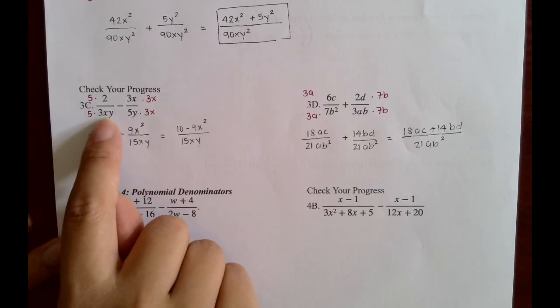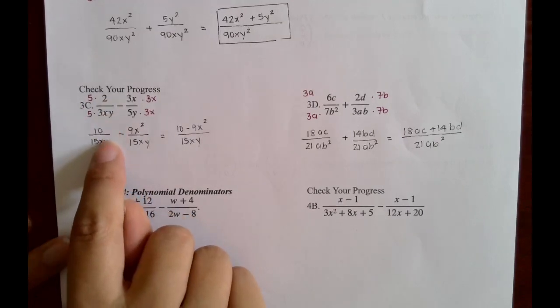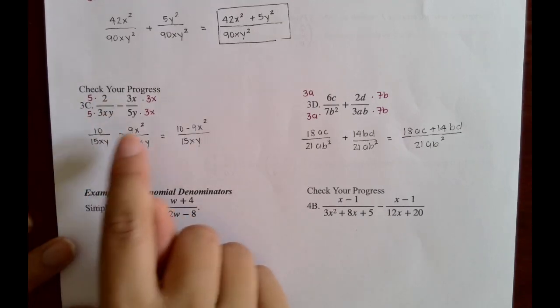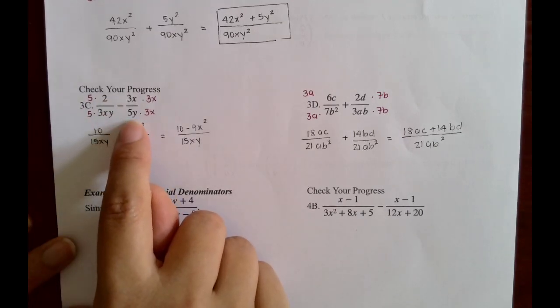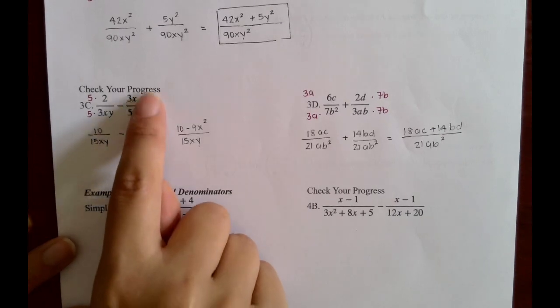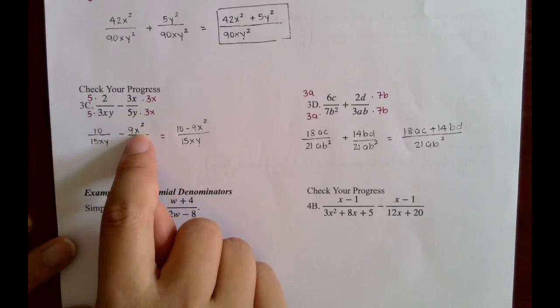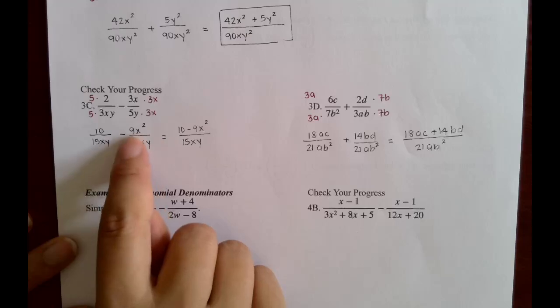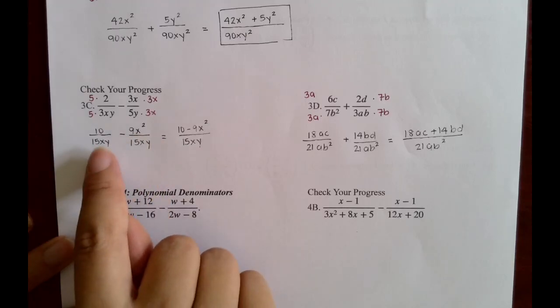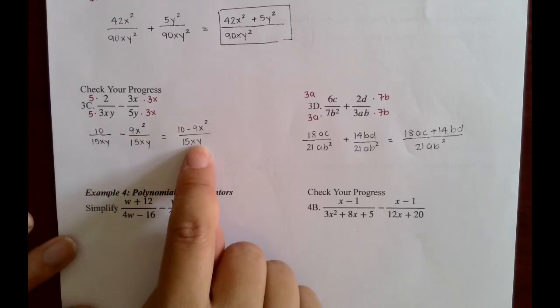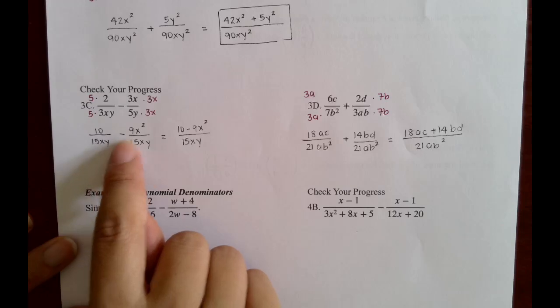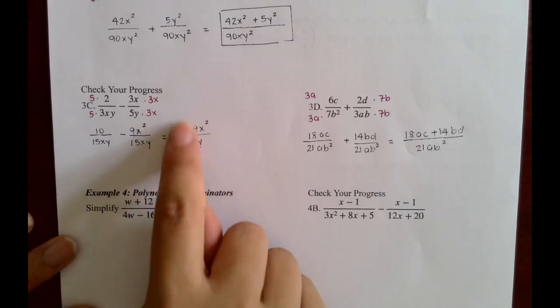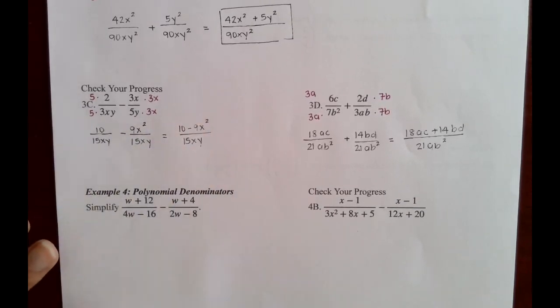Okay, so to make this 15xy, I multiply by 5 top and bottom. That gives me 10 over 15xy. To make this 15xy, I need to multiply by 3x top and bottom. 3 times 3 is 9, x times x is x squared, and then 15xy. Then the denominator is the same, so I keep the denominator, and then it's just 10 minus 9x squared. No like terms, so it just stays as it is.